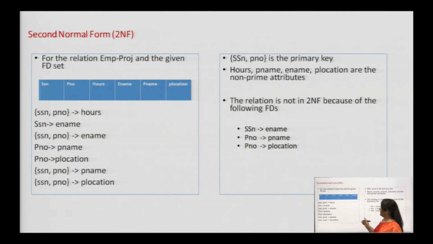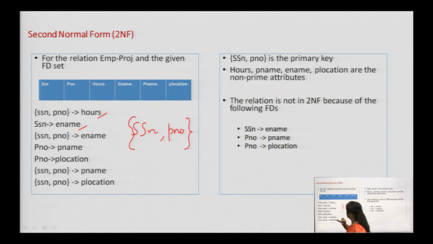Now, for the same relation which we had taken earlier, we have this set of functional dependencies, and if we calculate, we will see over here that SSN PNO is the key. How is SSN PNO the key? SSN PNO determines Rs, SSN determines ename, PNO determines pname, PNO determines plocation.